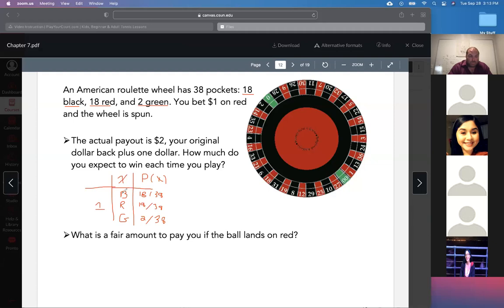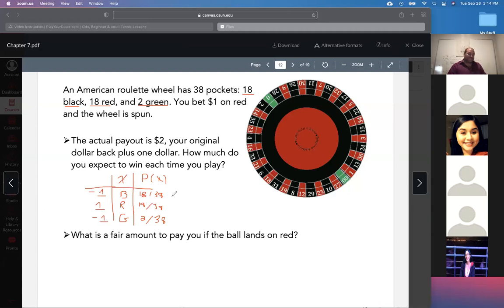That would be 0 because I didn't bet on black. Right, but I did bet on red, right? So I lost $1 if it's black. Agreed? And what about if it's green? -1 as well.